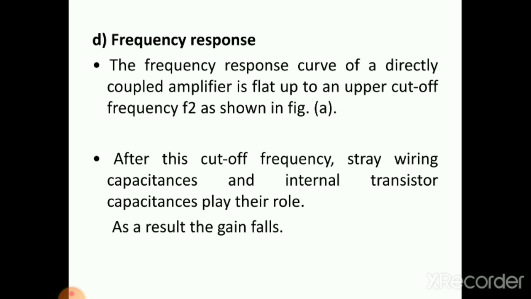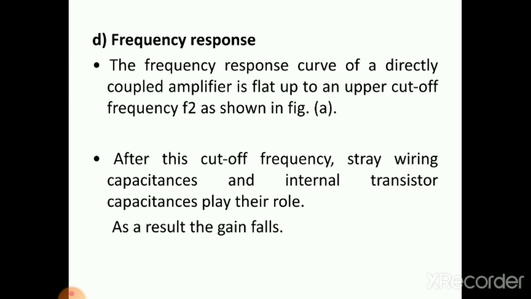Now the frequency response curve of a direct coupled amplifier is flat up to an upper cutoff frequency f2. After this cutoff frequency, stray wiring capacitances and internal transistor capacitances play their role. As a result, the gain falls. These are important terms.